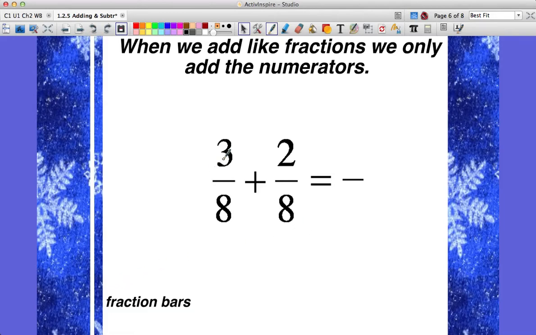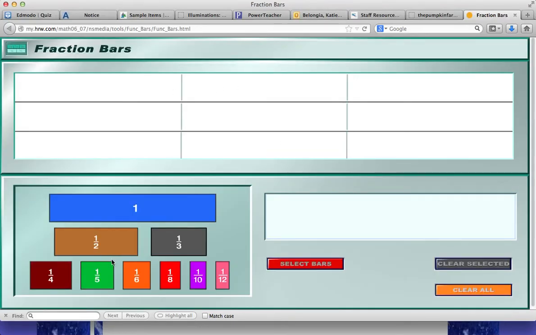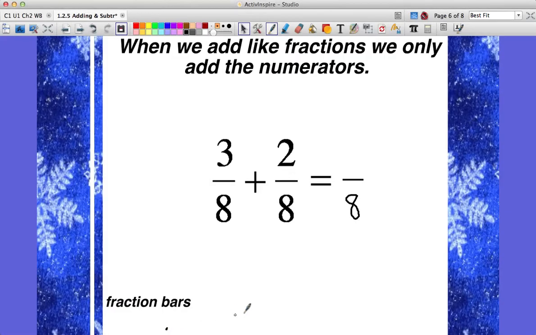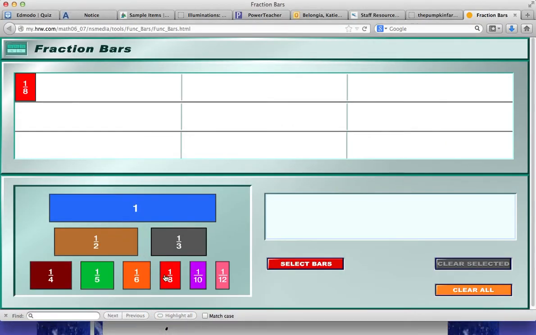So you'll notice when we're adding like fractions, we only add the numerators. In this case, we're only adding 3 and 2. The denominator stays the same. And the reason this happens is if you take a look at fraction bars, in this case we have eighths. So if I have 3/8 plus 2/8, I take 3/8 up here, and I want to add 2/8 to that. 1, 2.